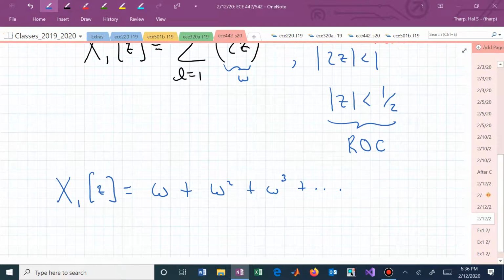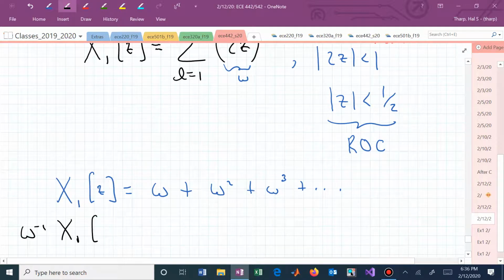So now let me say I'm going to compare this with that, which I scale all of those terms on the right by W inverse, and I end up with 1 plus W squared plus W cubed.